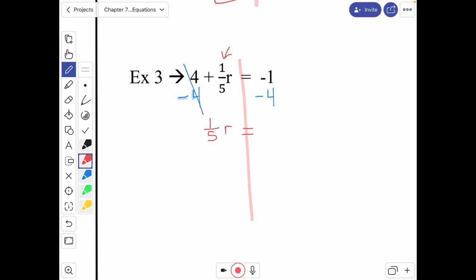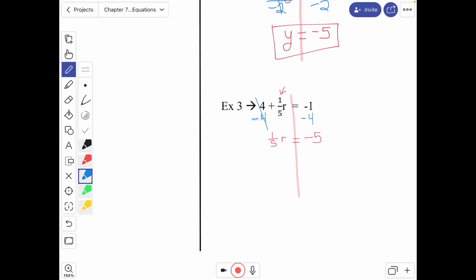And negative 1 and a negative 4 make negative 5. They're both negative, so we just combine them. Remember, same signs, add and keep. Okay, and then we have 1/5 times r. So the opposite of multiplying by 1/5 is dividing by 1/5.